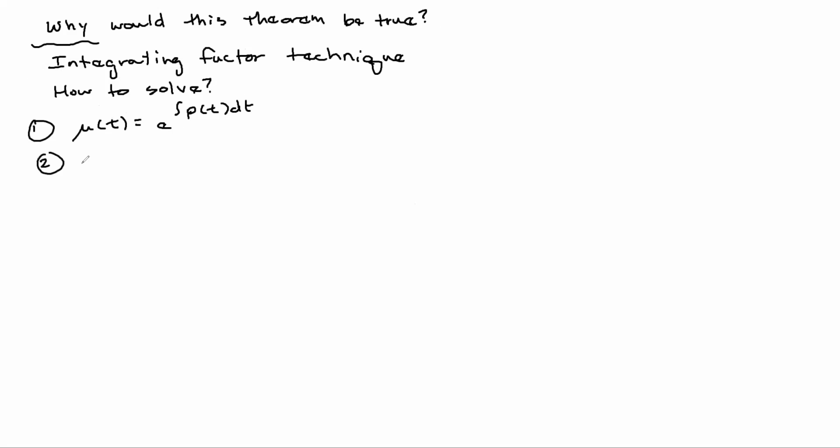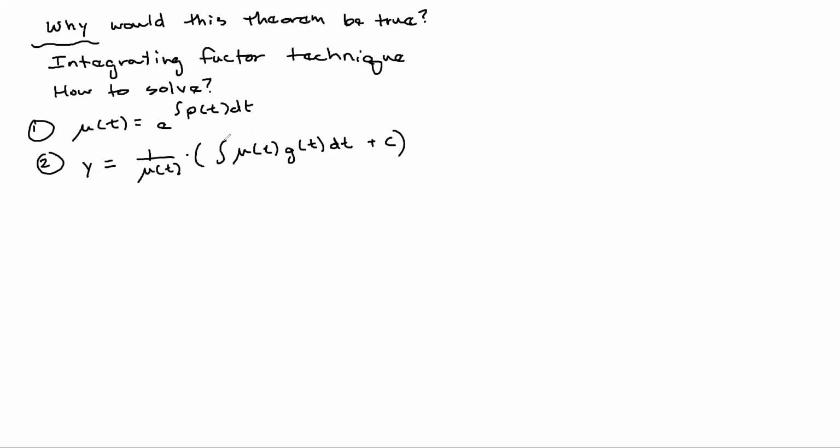And step two, you get y equals 1 over that mu of t times the integral of mu of t g of t dt plus c. Okay, so it's a two-step process to solve one of these integrating factor technique problems.